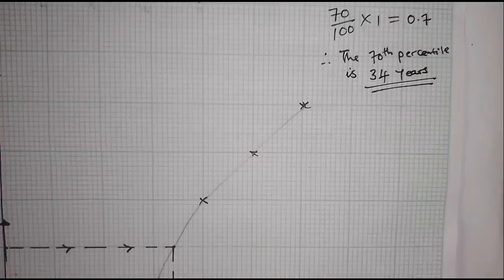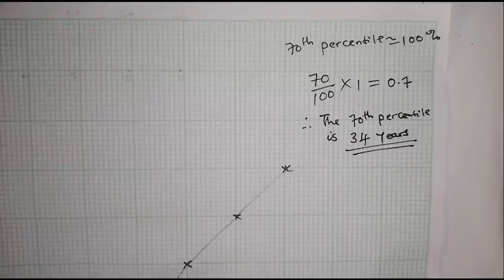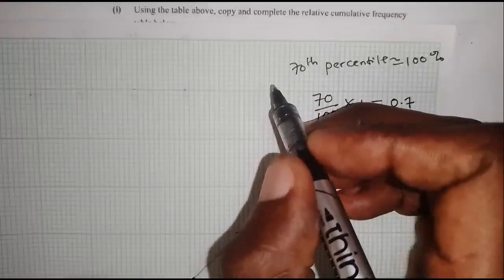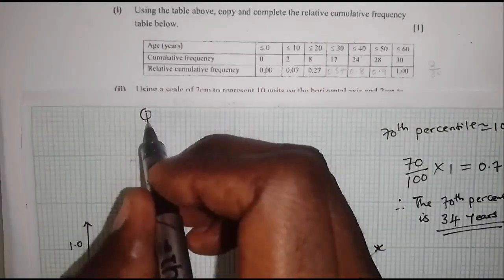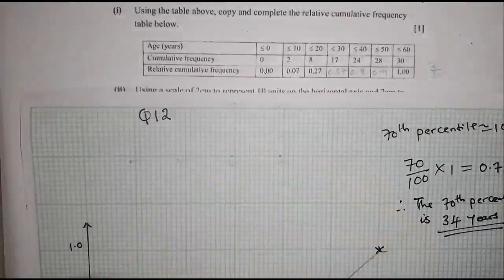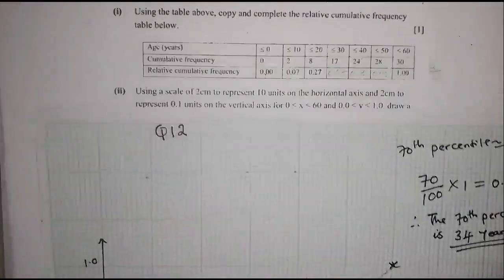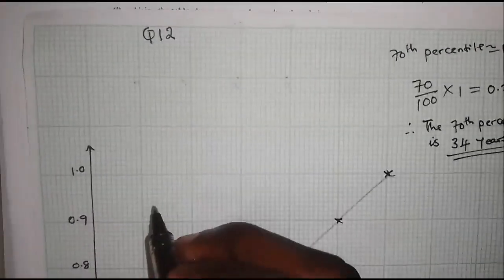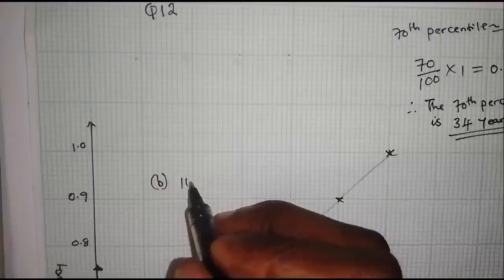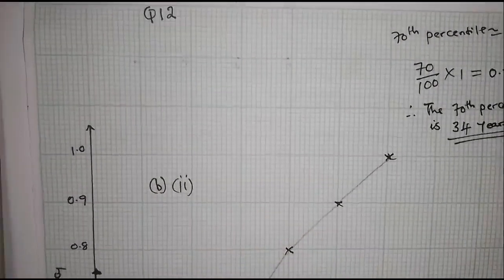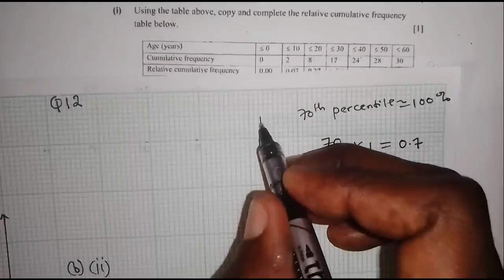And for your own information, you have to actually number them. In the final exam, you just say this is question 12, and this part where we are doing the graph is B2. Then the 70th percentile, this is my B3.